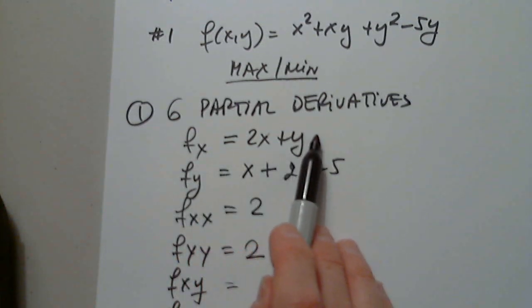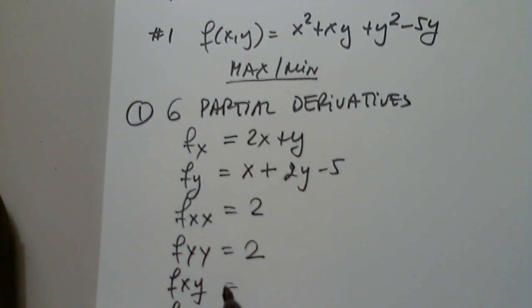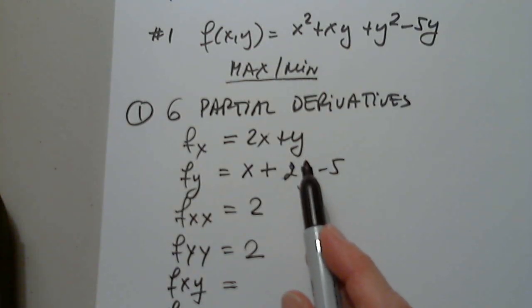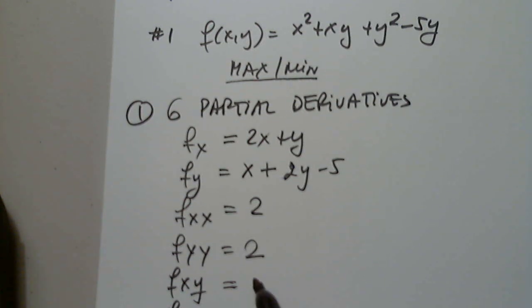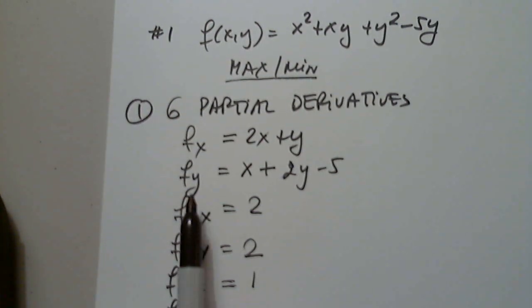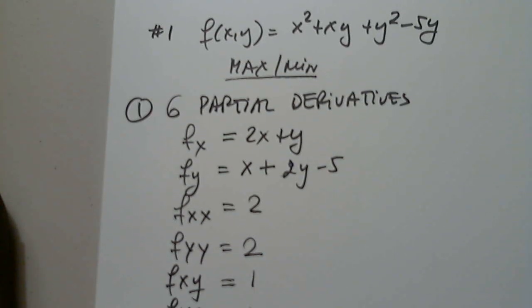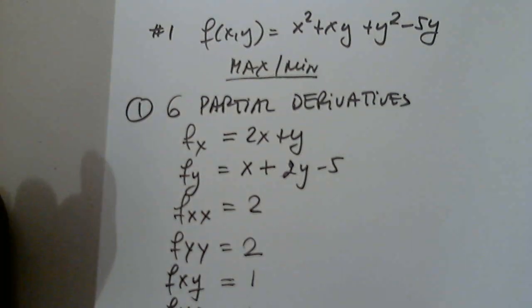Fx with respect to y. Fx, but now with respect to y. Zero. When we differentiate y, we do not get 0. Oh, is it 1? Excellent. Finally, Fy with respect to x. One. Excellent. Good. So this was part 1, or step 1.